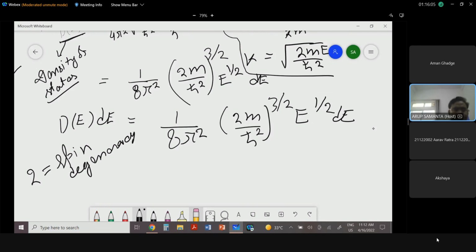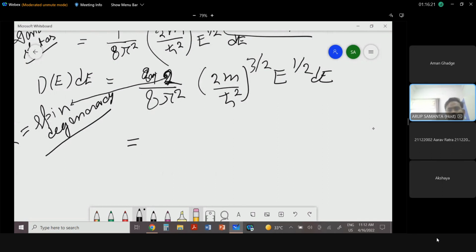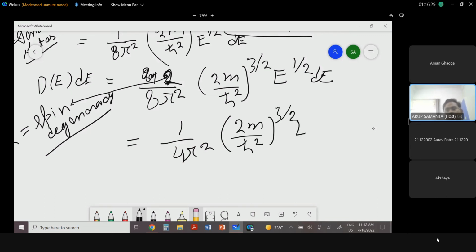So you have to multiply by this 2 value due to spin degeneracy. I add 2 here. So your total number of states is 1 over 4 pi square, 2m by h cut square whole to the power 3 by 2, per unit volume, V is the real lattice volume, dE.